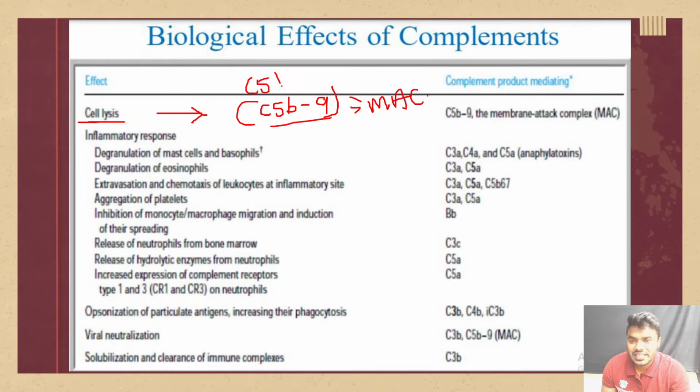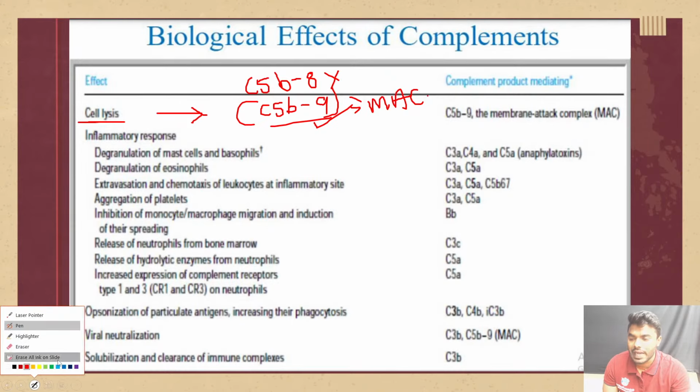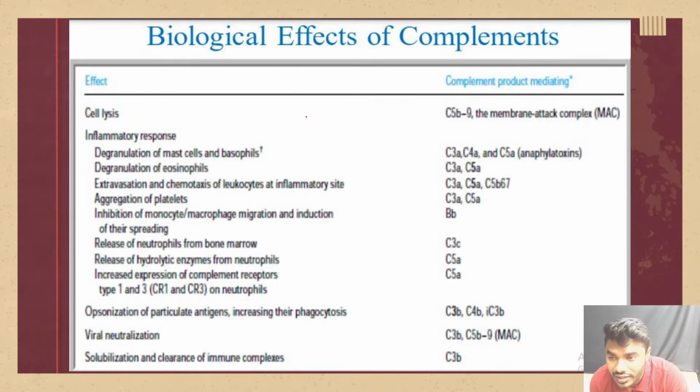Friends, in the exam, if they give C5b28 and C5b29 and ask which is required for the membrane attack complex, you have to remember 9 is compulsorily required. If only up to 8 is present, there will be no formation of the MAC complex at all. Kindly do not get confused with this point. So this is the first point I want you to remember.